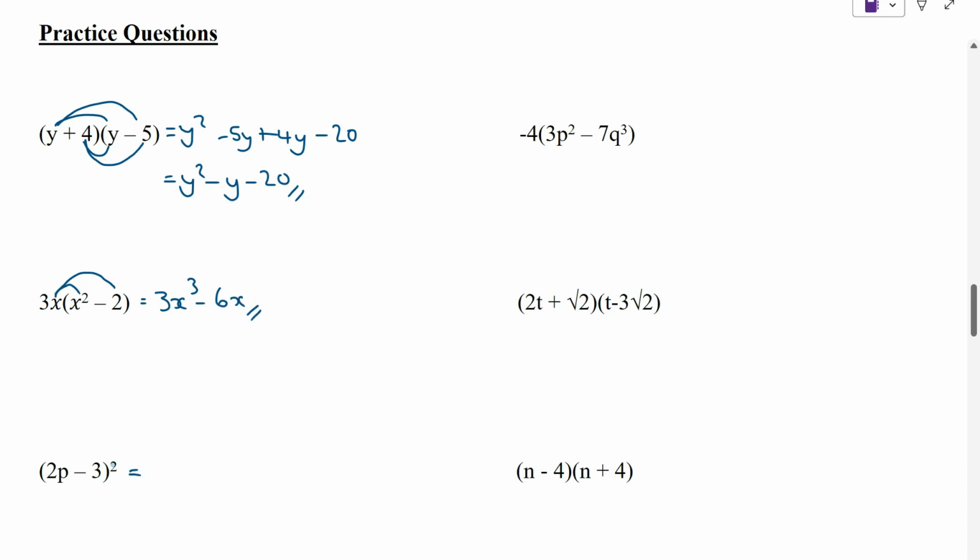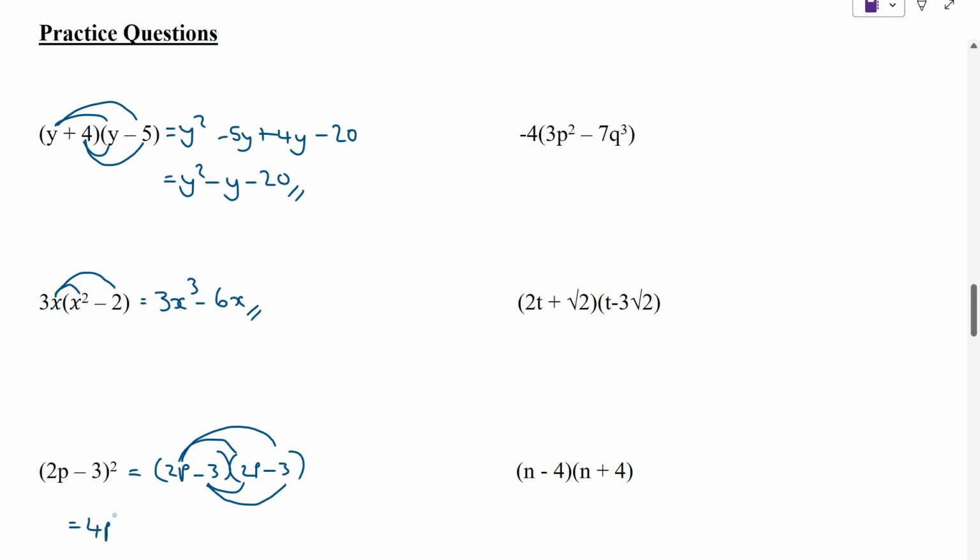This question here looks like single brackets, but as discussed earlier, if you remember, if ever we have a bracket raised to the power of something, we need to rewrite the equation. So here we're raising it to the power of 2. So we're going to write out 2 brackets. And now multiply out. So now this has become double brackets.